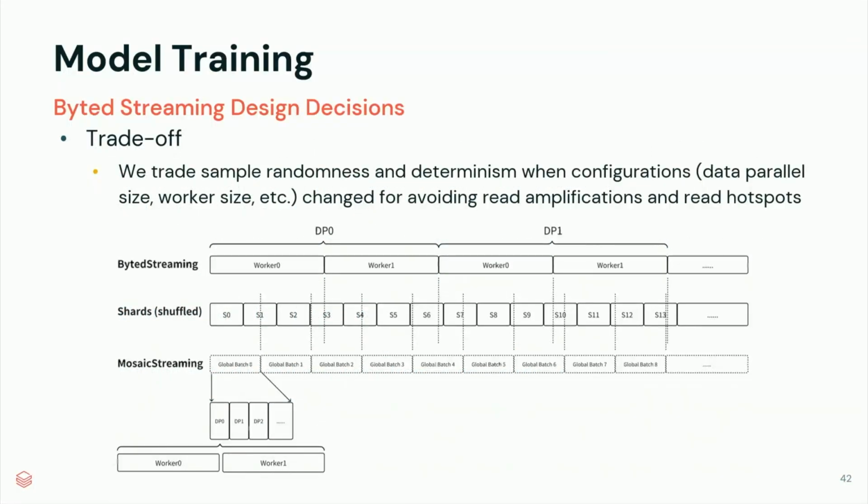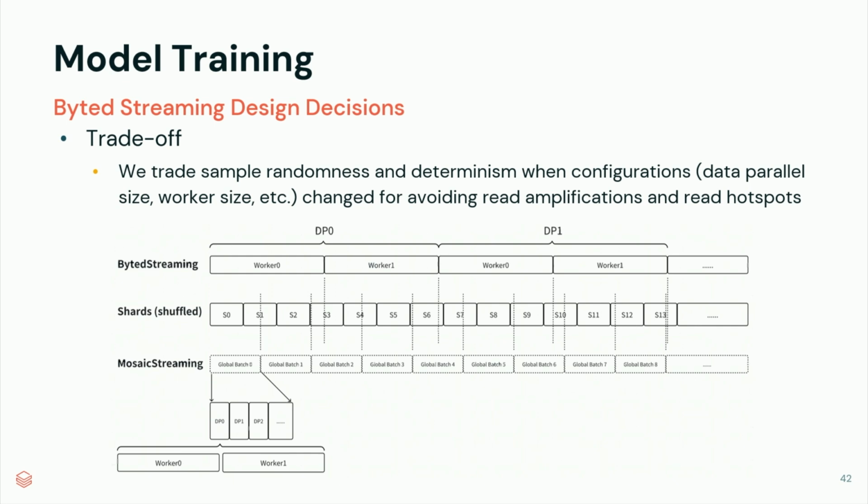As we can see in the middle of this picture, there are a bunch of shards which are already shuffled. In Mosaic Streaming, even if the data parallel size or worker number changes, the global sample order will not change because the consuming order of the shards doesn't change. The problem is that all the workers might be trying to read the same shard while only requiring a small piece of it, and this can cause severe read hotspots and amplification.